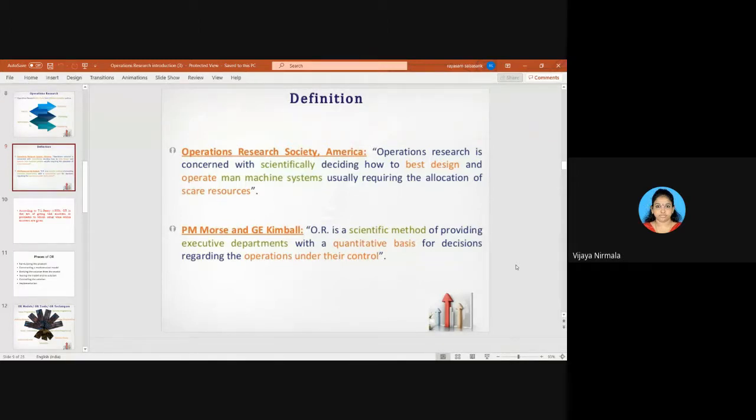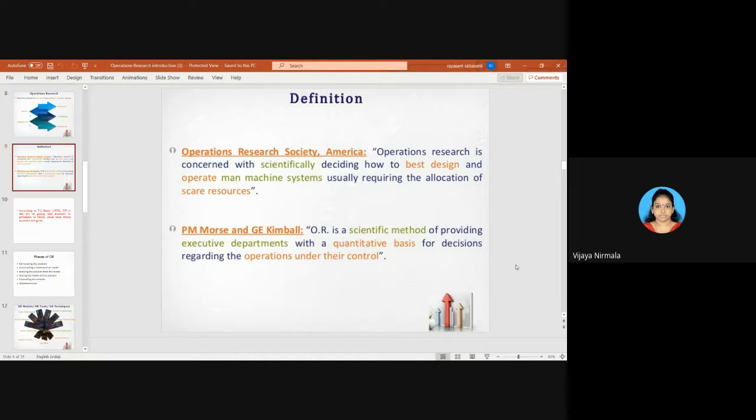That is, with the availability of resources, how well can you design the best system? How can you decide best only with the resources available in the organization? So you need to decide scientifically.